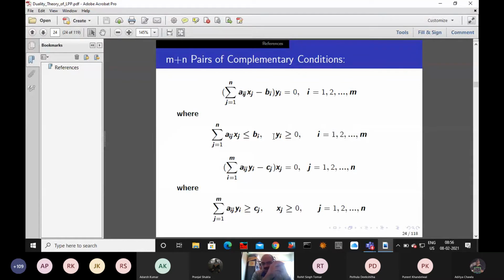This product equals 0, which indicates either one of them is 0 or both of them are 0. If you want to check whether one of them is becoming 0 or not, we have to use this product equal to 0. So the first constraint is the summation over j from 1 to n of aij xj less than or equal to bi, and y greater than or equal to 0. So why is the product equal to 0? Who can say? Anybody? Why is the product equal to 0?